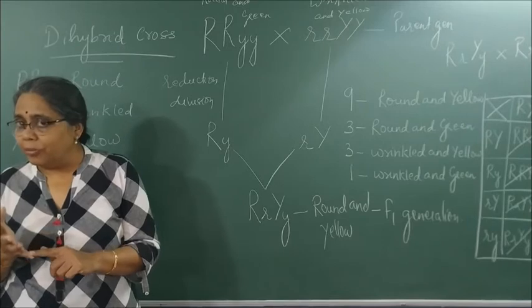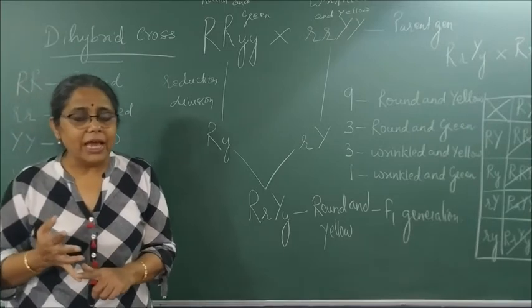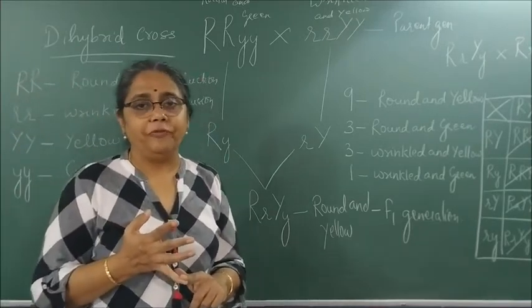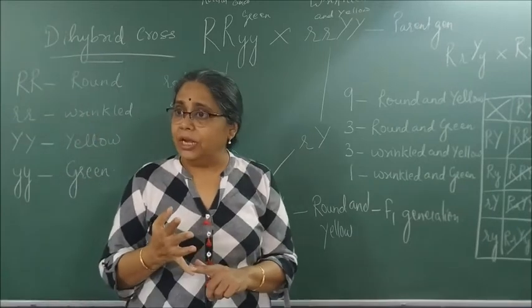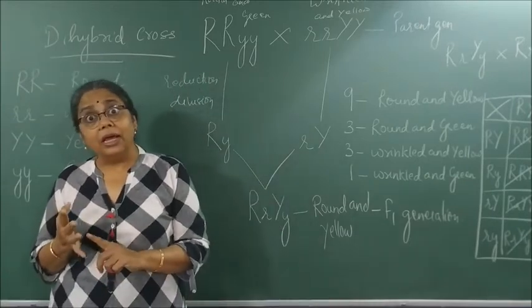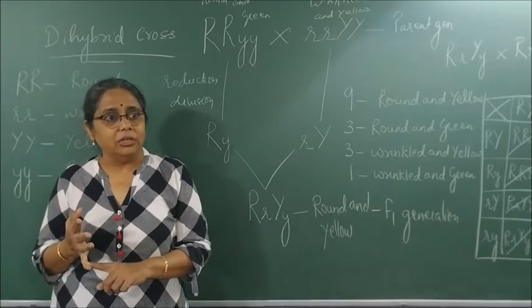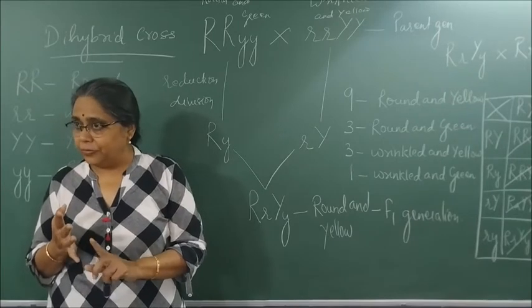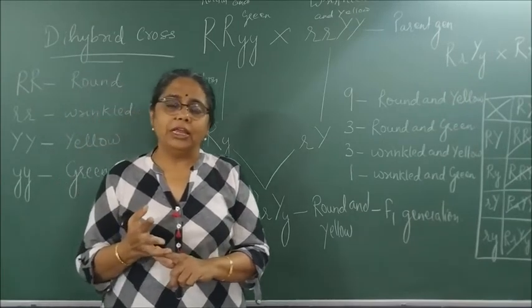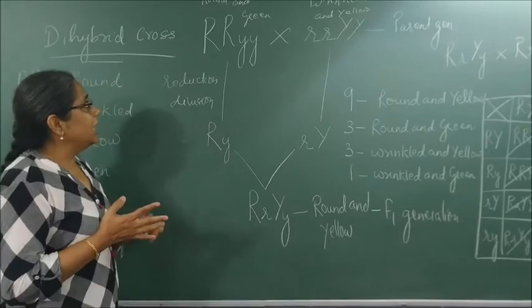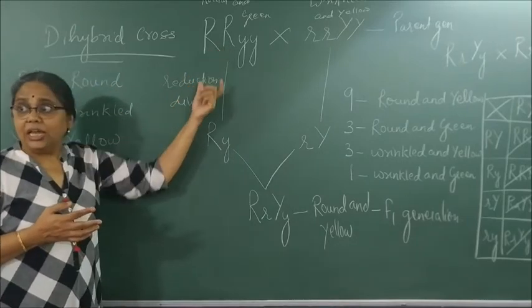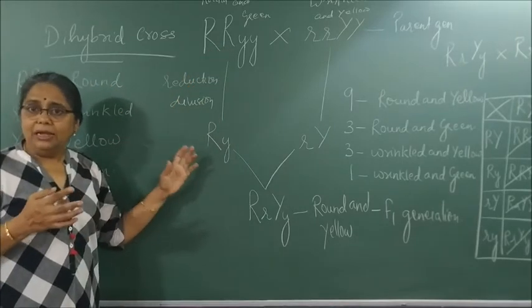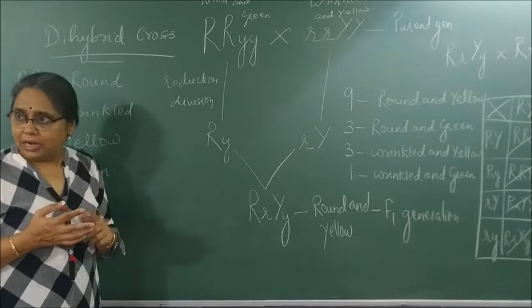The law of dominance says that whichever character makes its appearance in the F1 generation is a dominant character, and it will again be seen in which generation? F2 generation. Fine? The law of segregation says that during inheritance, genes segregate themselves and get assorted independently.